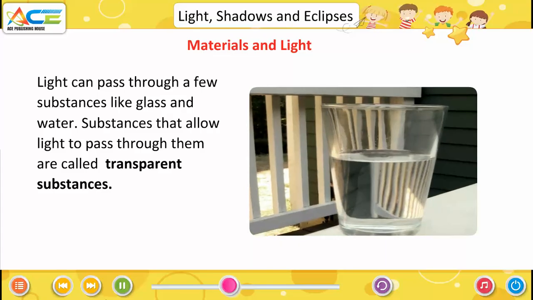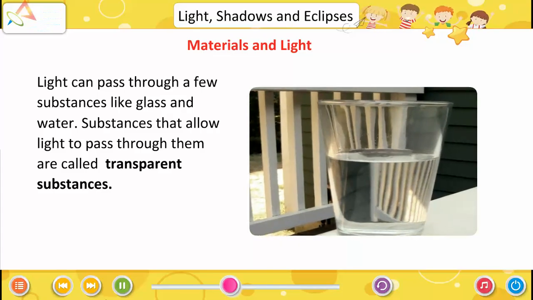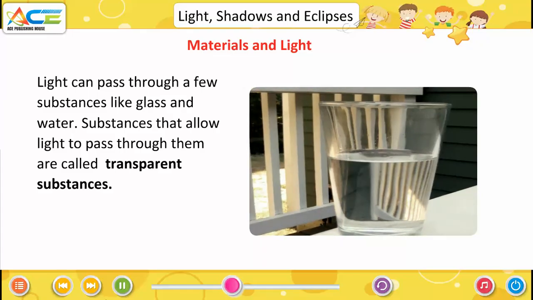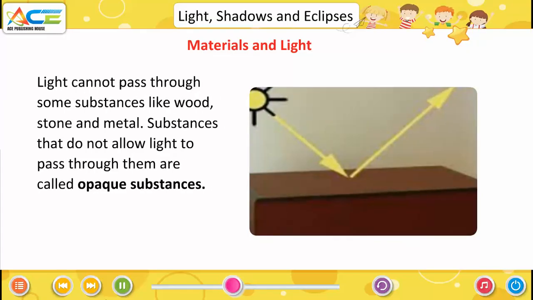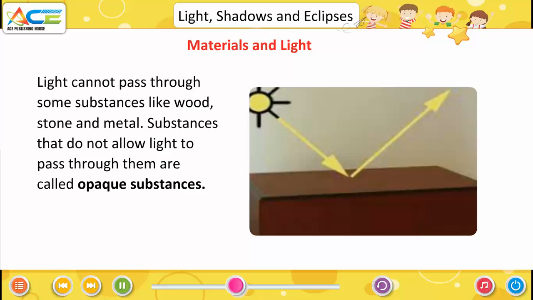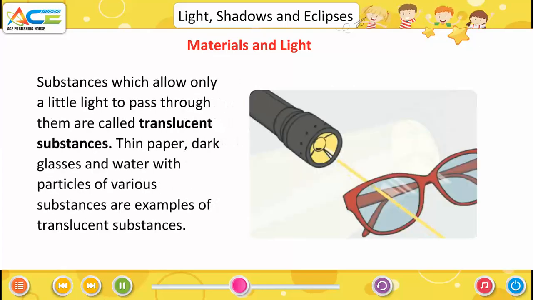Substances that allow light to pass through them are called transparent substances. Light cannot pass through some substances like wood, stone, and metal. Substances that do not allow light to pass through them are called opaque substances.